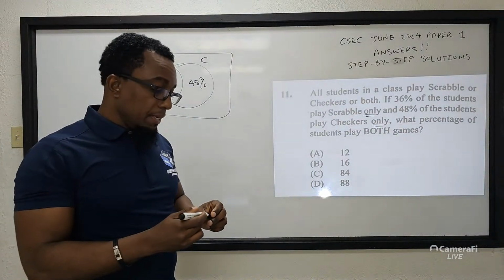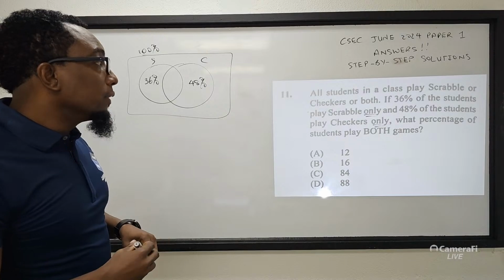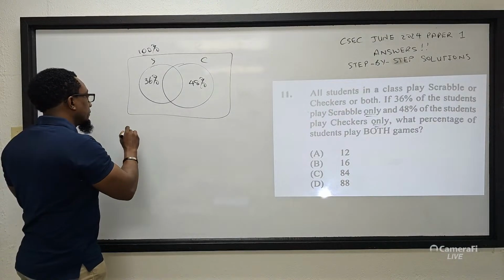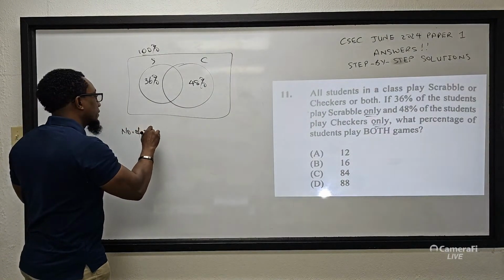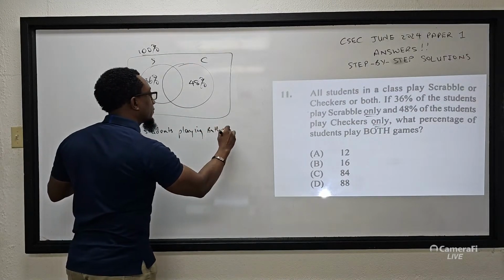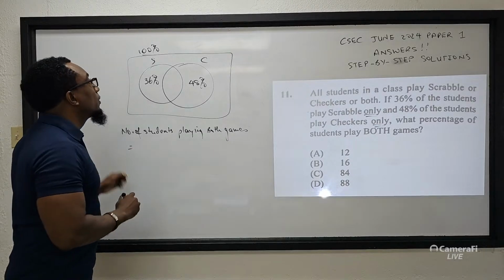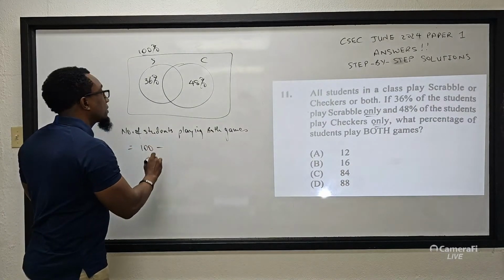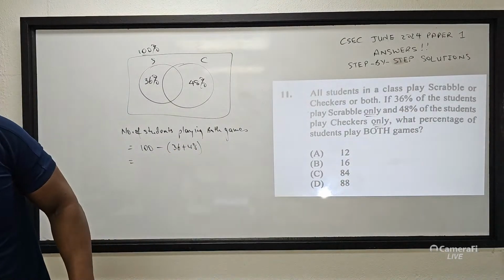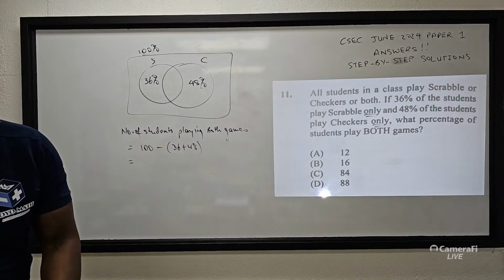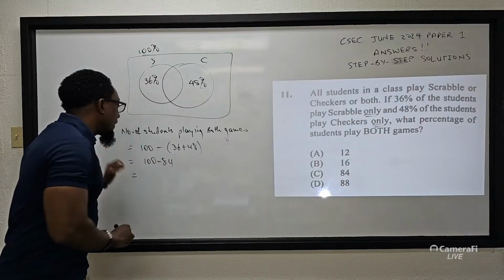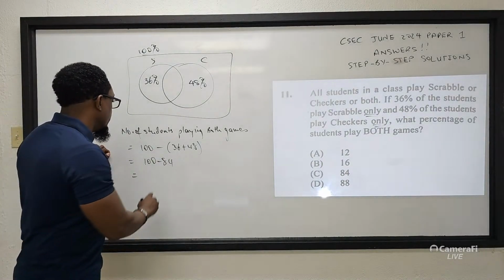So to determine the number of students who play both games, which is this region representing the intersection, the number of students playing both games will be 100 subtract 36 plus 48. 36 plus 48 gives us 84, and 84 from 100 gives us 16.